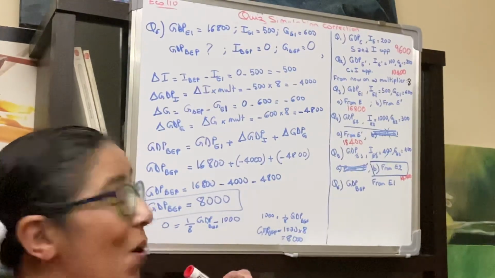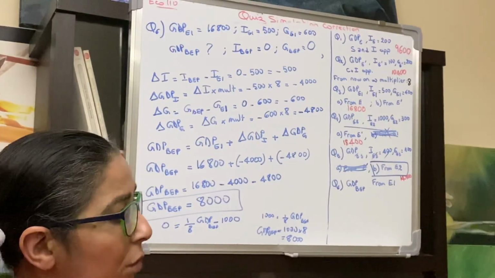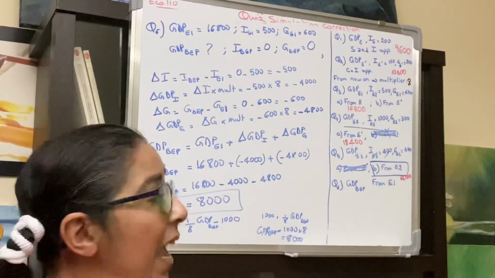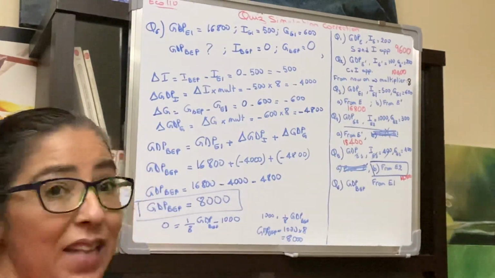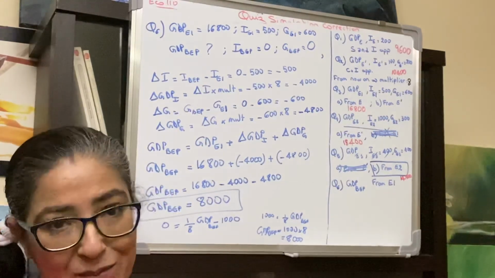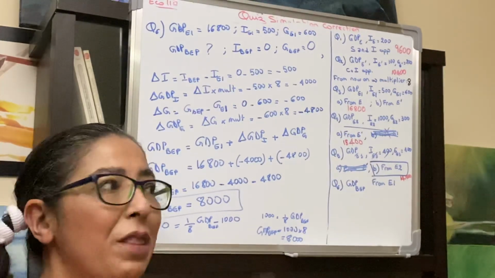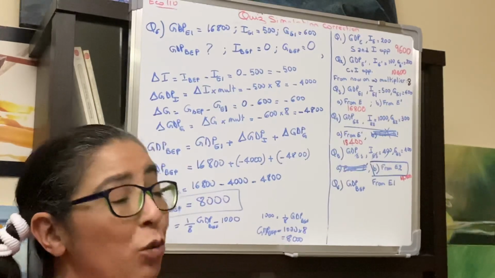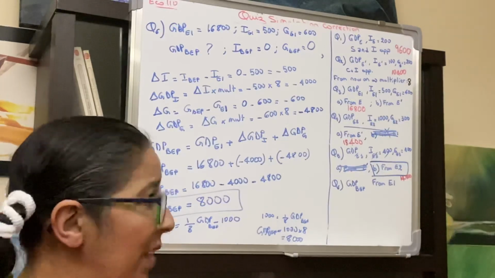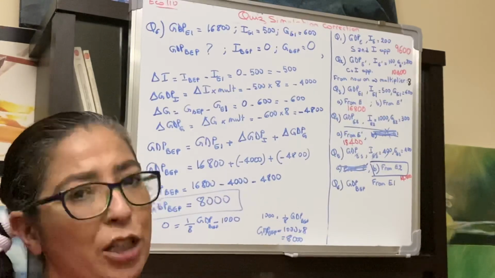On the next session, supposedly Thursday, I'm going to cover the tax multiplier and use exactly the same exercise in order to add the tax. Later on, I think on Wednesday the week after, we're going to add the open economy multiplier, which is not in this chapter; it's in chapter 29 or 30, depending on the book.